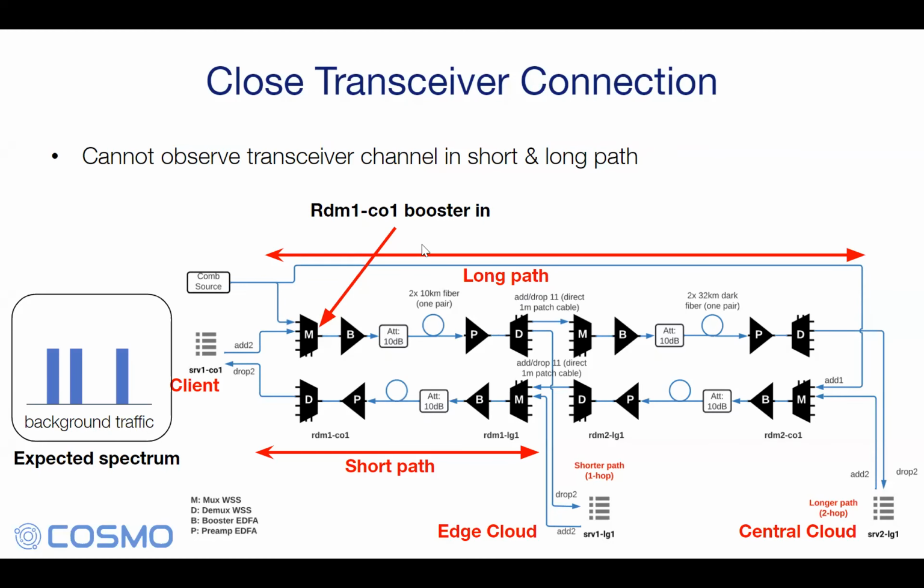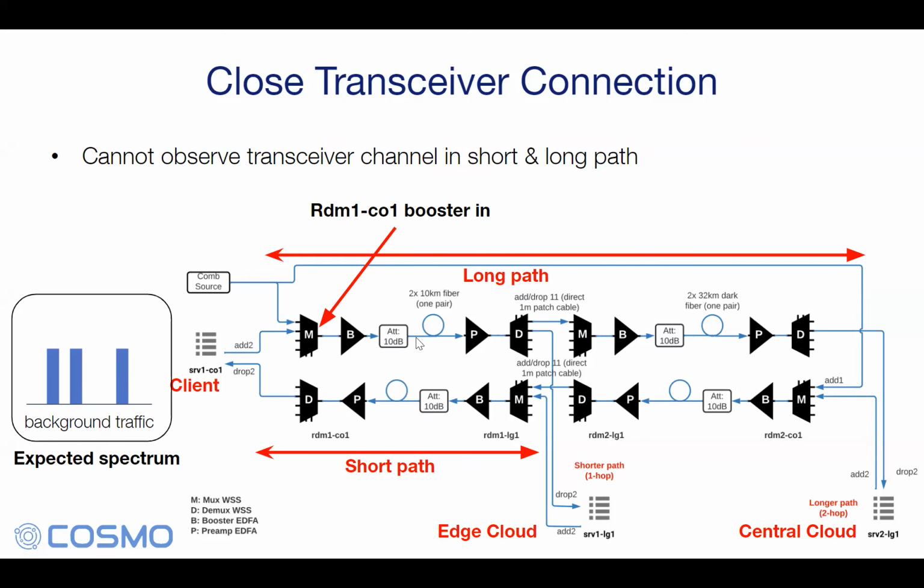If we do a measurement at the ROADM 1 booster in here, there should be no transceiver channel, and we can only observe the background traffic channels.